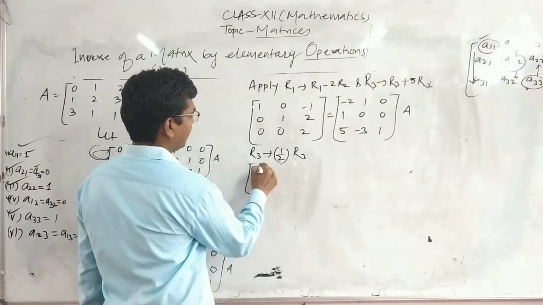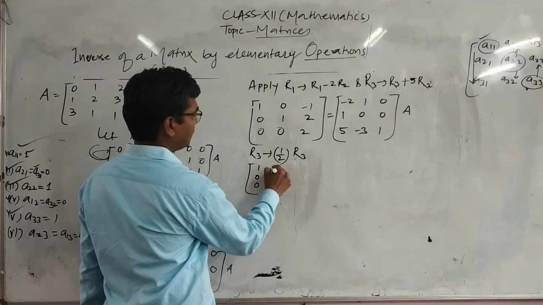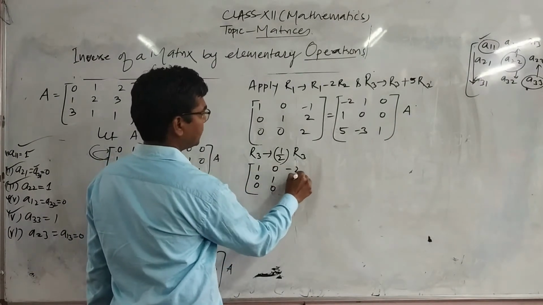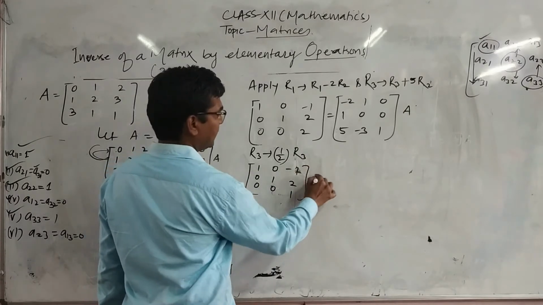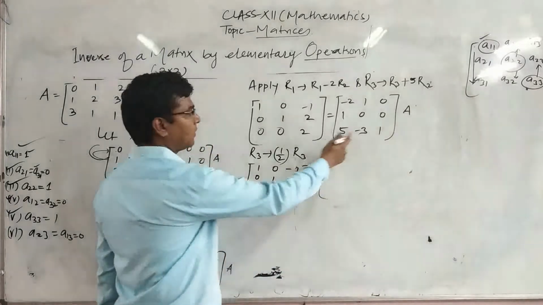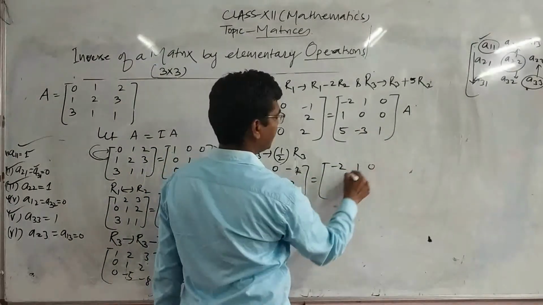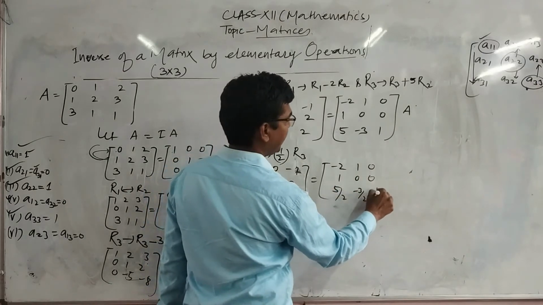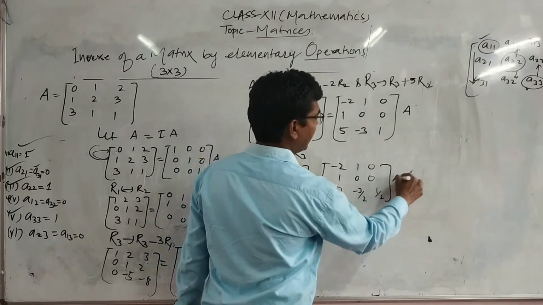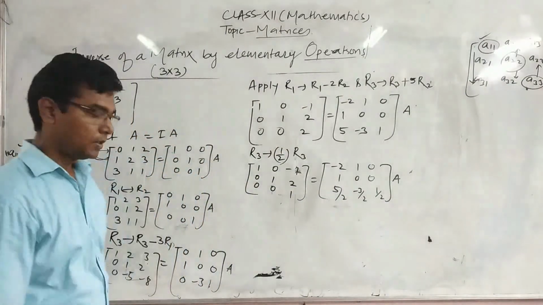So it will be 1 0 0, 0 1 0, minus 2 minus 1 2 and 1. Similarly for this: minus 2 1 0, 1 0 0, 5 by 2, minus 3 by 2 and 1 by 2, into A. Yes or no?